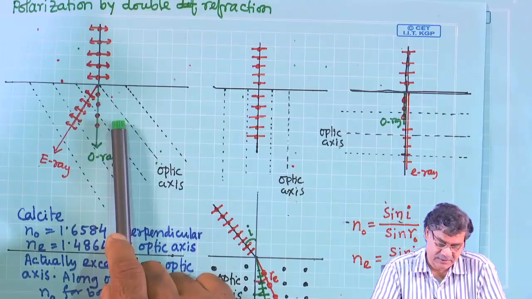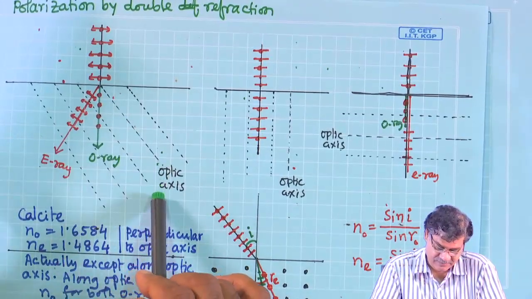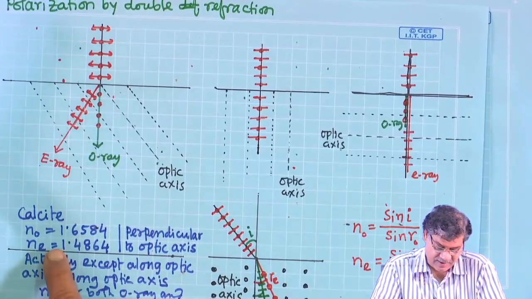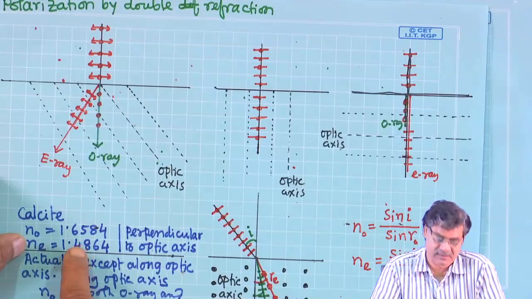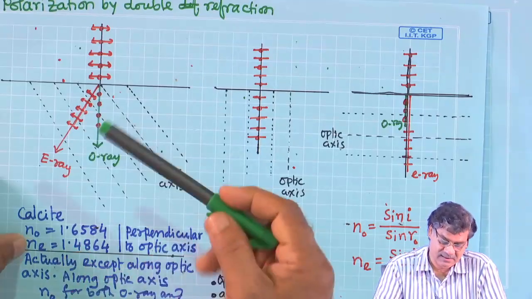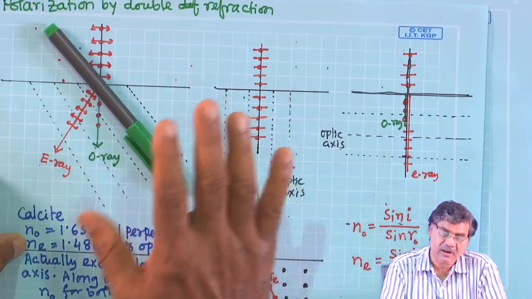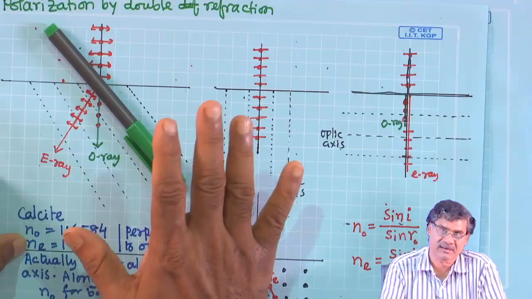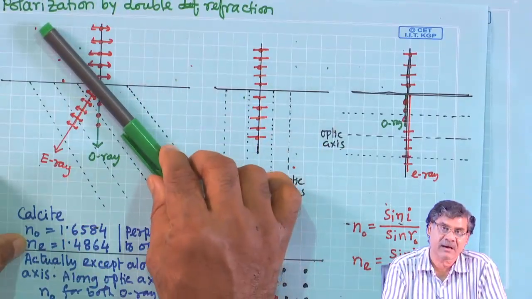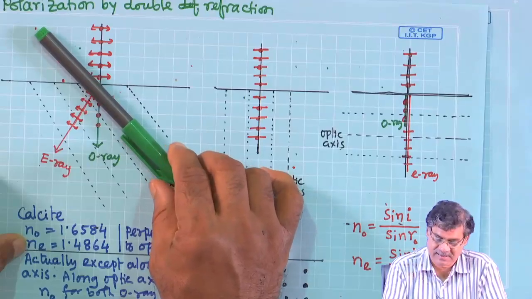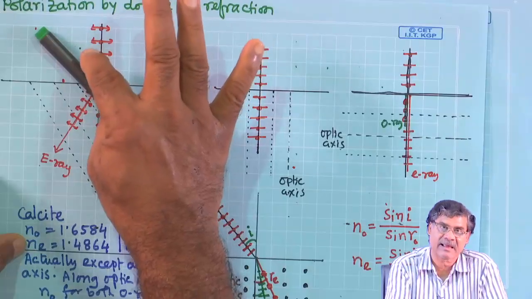It may happen because for the E ray in this crystal the refractive index is smaller. That means if you replace the normal to the surface with the direction of the optics axis, this will be the incident angle, right.